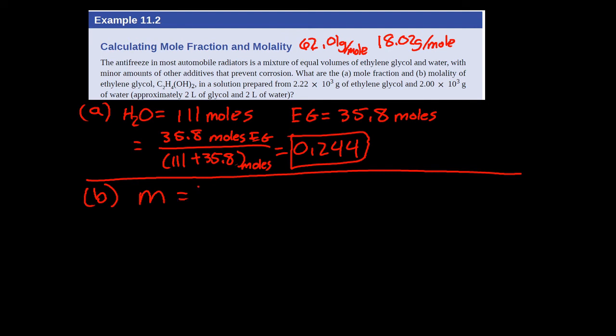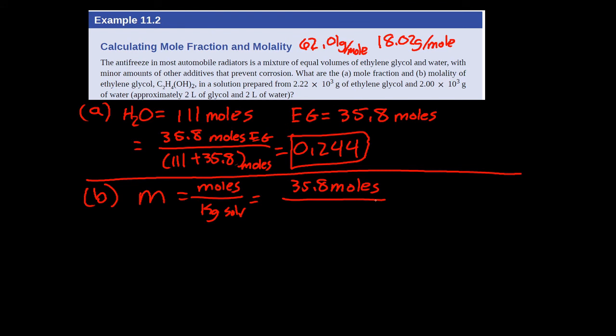And so that is the number of moles of solute divided by the kilograms of just the solvent. And we essentially already know both of those. We already know the number of moles of solute. That's 35.8. We calculated that in part A.